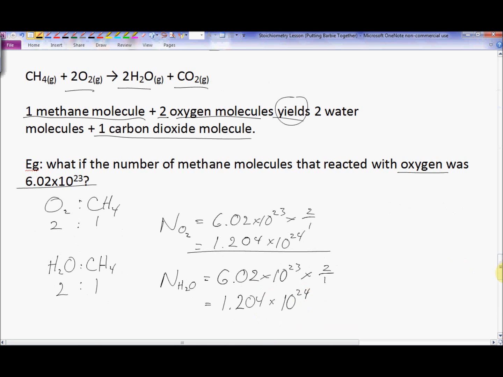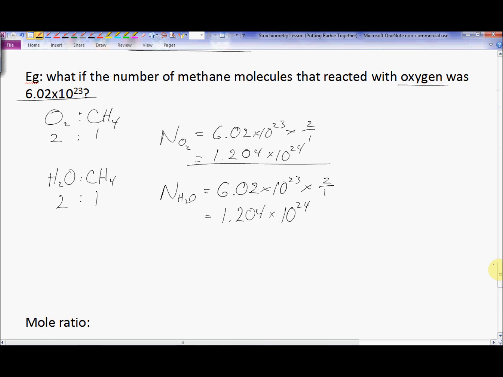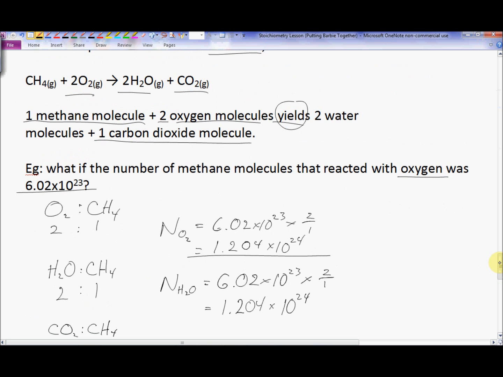Okay, and then finally, how much carbon dioxide is produced? We'll have to take the ratio of carbon dioxide to methane, and that ratio, if we look up here again, is 1 to 1.